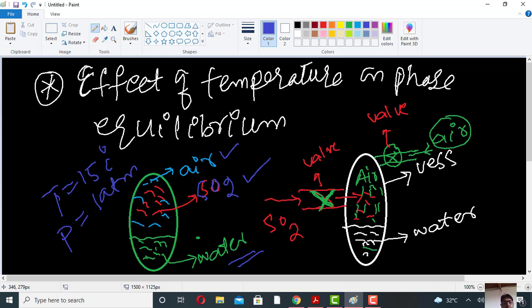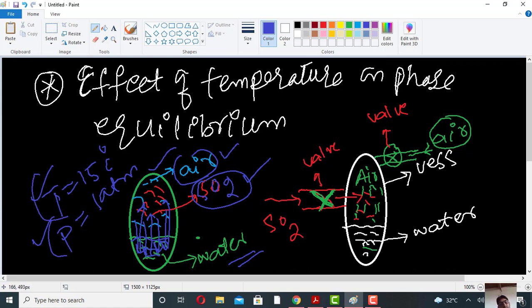So we took a vessel, we filled it with water, we entered air and sulfur dioxide. The sulfur dioxide was absorbed in the water, but after a certain time equilibrium was reached at 15 degree C and 1 atm pressure.